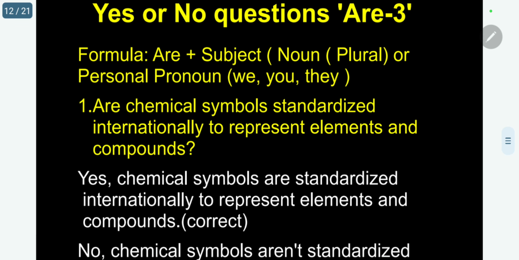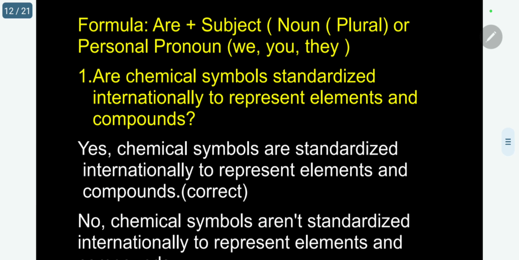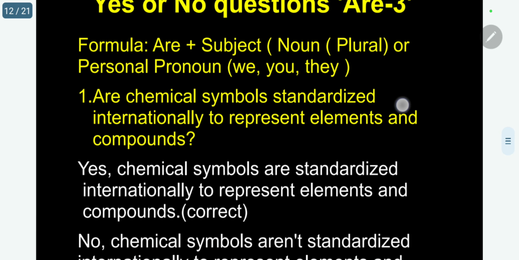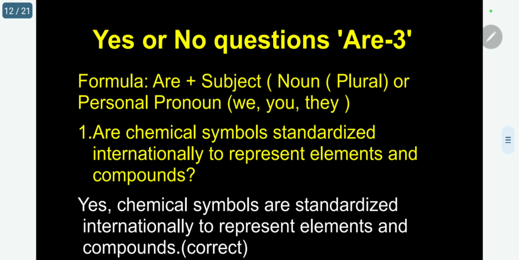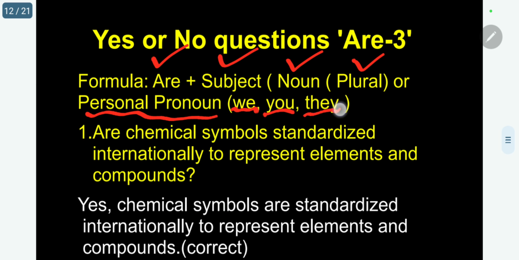Now let me concentrate on the auxiliary verb are. Please follow the general formula. When I use are, next I have to use the subject. The subject may be a plural noun or a personal pronoun: first person plural, second person singular or plural, third person plural. In these cases, always use are.